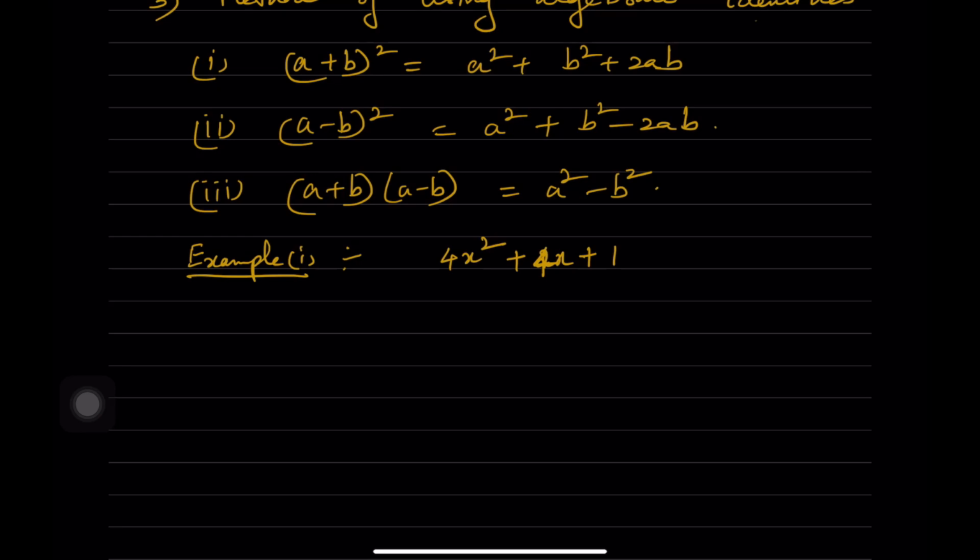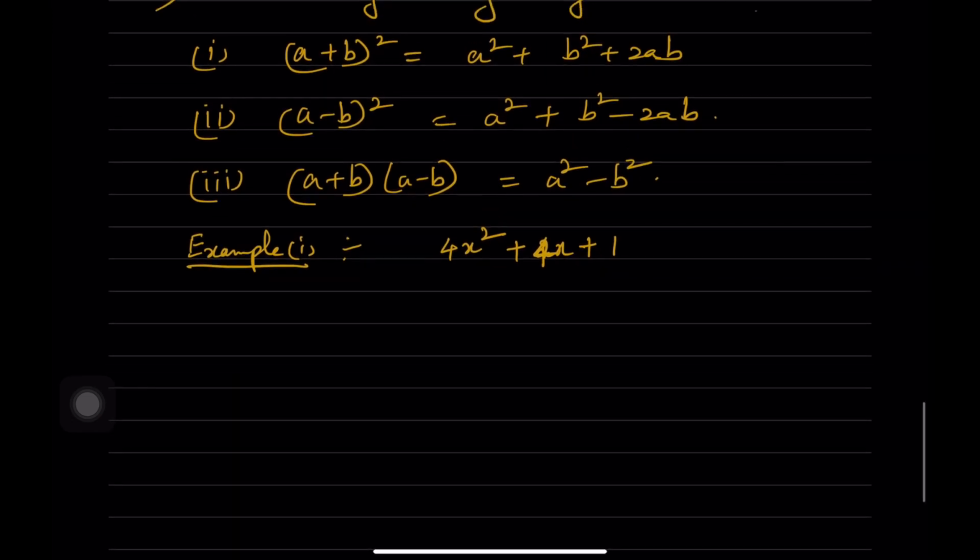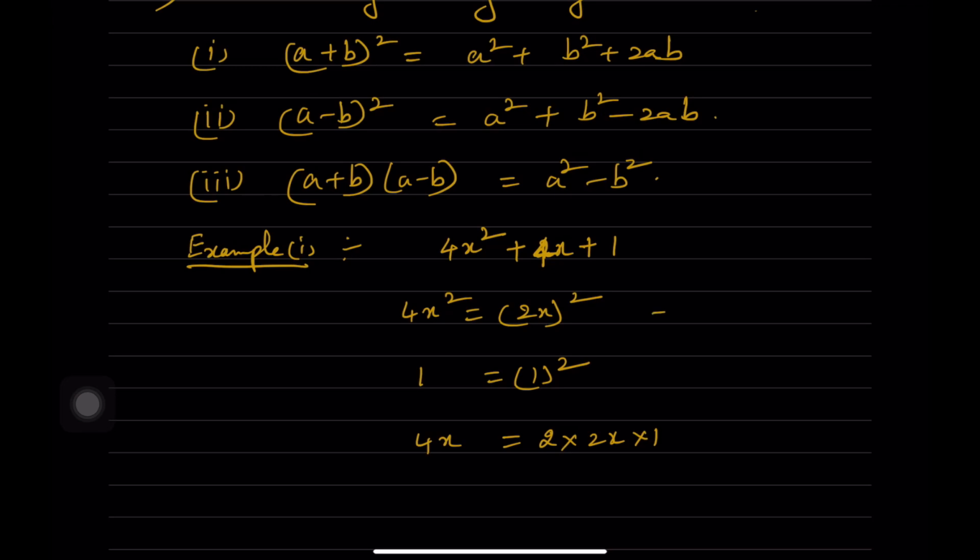To make it a perfect square, we'll use one of these algebraic identities. 4x square can be written as 2x whole square, 1 can be written as 1 square, and 4x can be written as 2 into 2x into 1. So this is a square, this is b square, and this is 2ab.